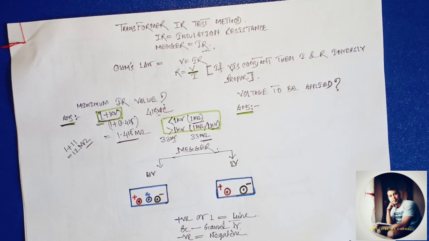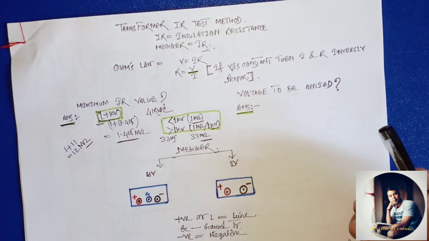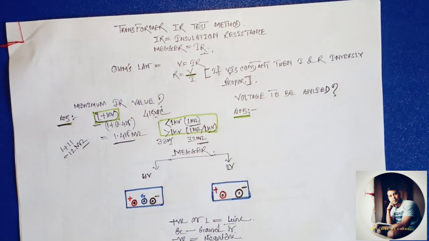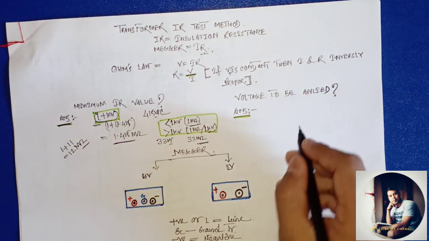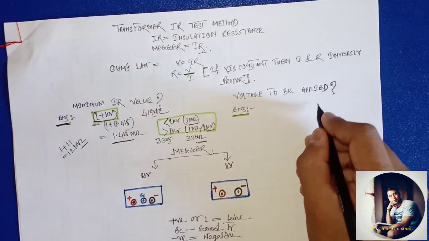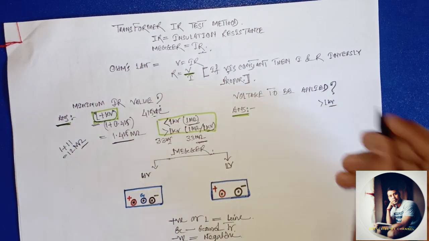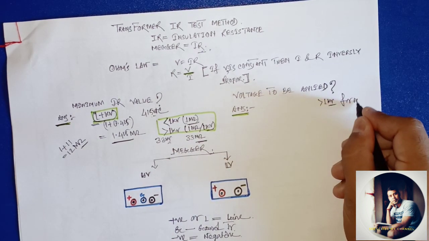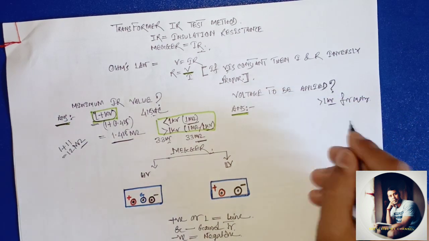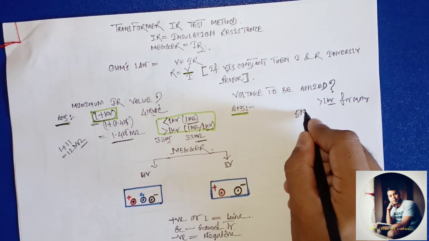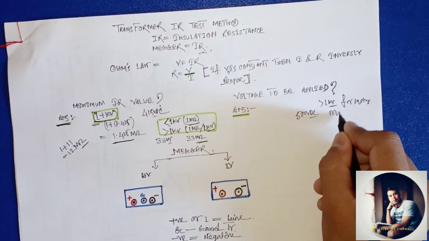Friends, the next question is the voltage to be applied. What voltage should we apply? If your system voltage is less than 1 kV, for example for a motor, simply use a 500 volt DC Megger.